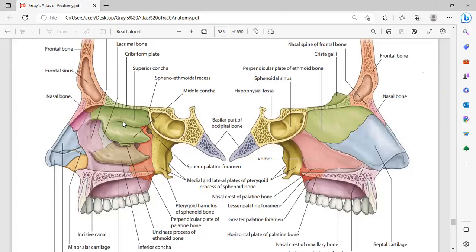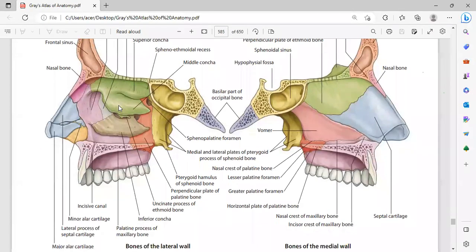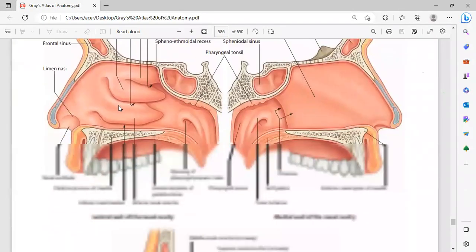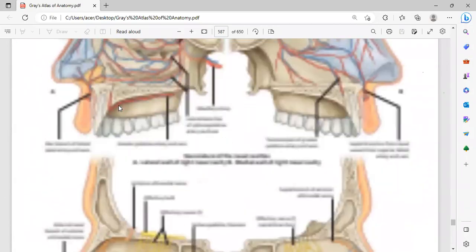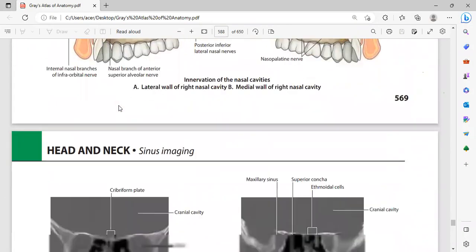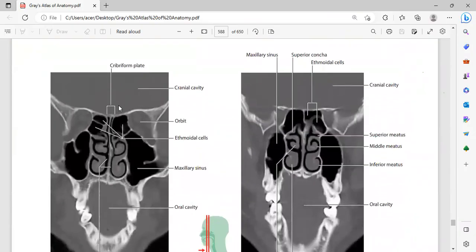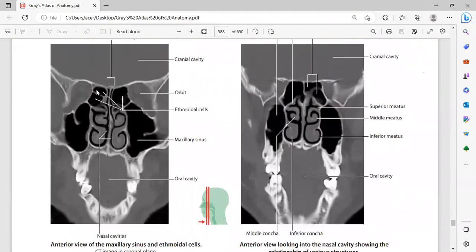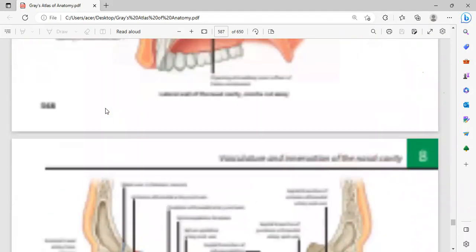Then underneath this superior concha, you have the superior meatus. This is the ethmoid bone on the roof, with the ethmoidal sinuses. These will enter here into the superior meatus. Let's find another diagram.